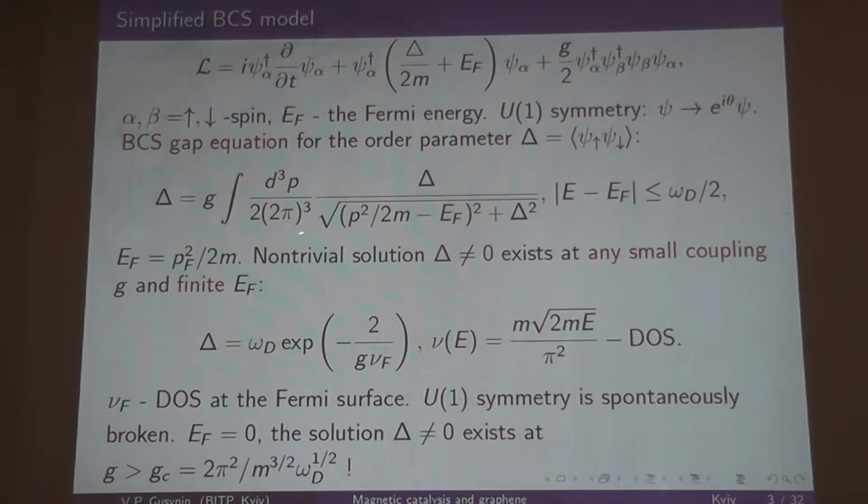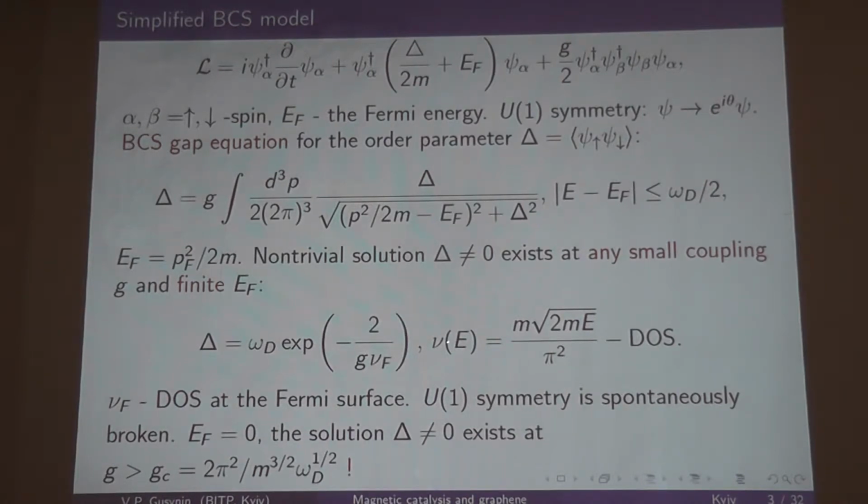It's easy to see that a non-trivial solution for this equation exists at any small coupling, but what's very important is the coupling. This is the formula for the gap. But besides the coupling constant, we see here the presence of the density of states on the Fermi surface. That's very important.